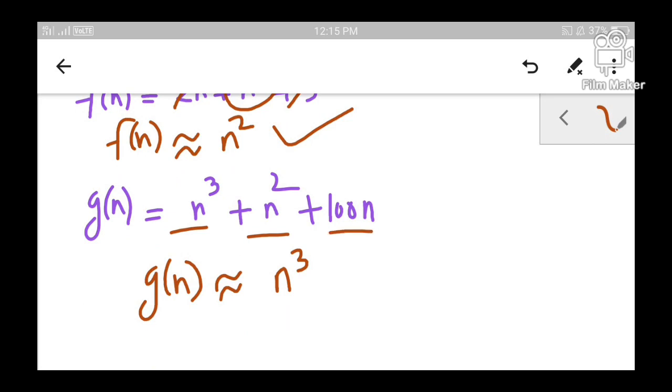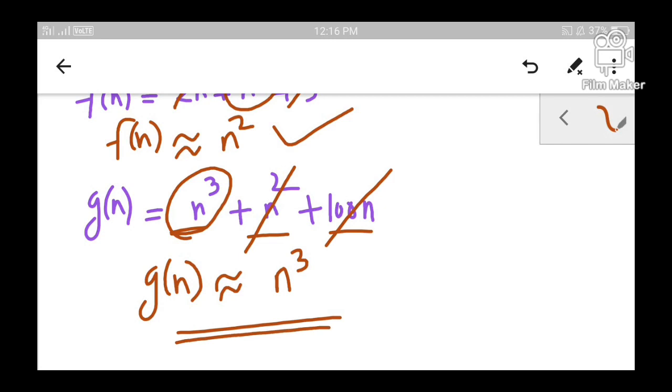Out of the three terms, the highest power of n is associated with the first term. So, taking only the highest order term and ignoring the lower order terms, we get g of n is approximately equal to n cube. This method of approximation is called asymptotic complexity.